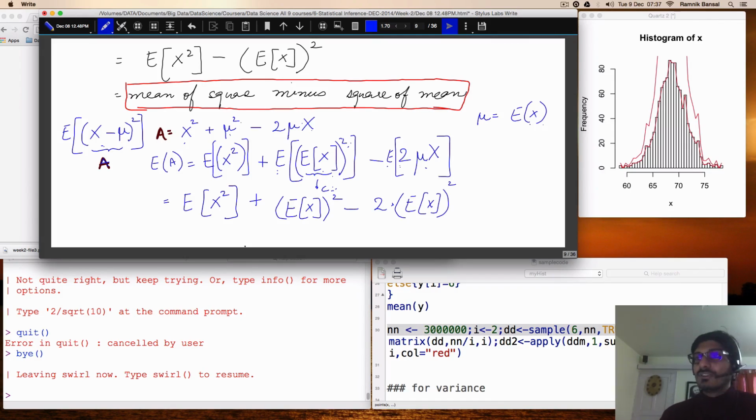And this is nothing but my final answer here. So it's the mean of square minus square of mean, or the expected value of the square minus the square of the expected value. Correct? So this should be clear to you.